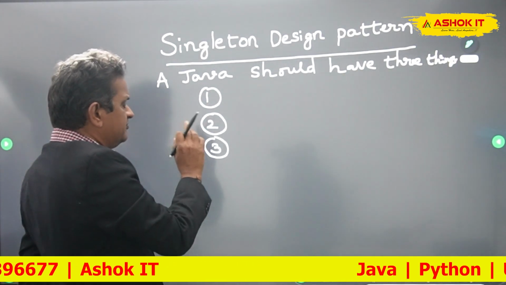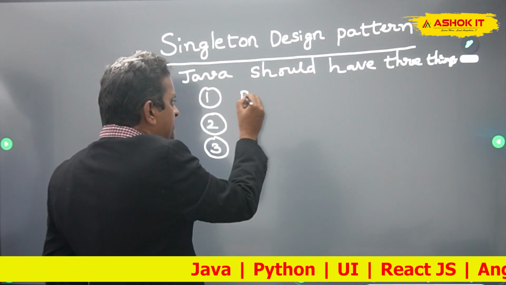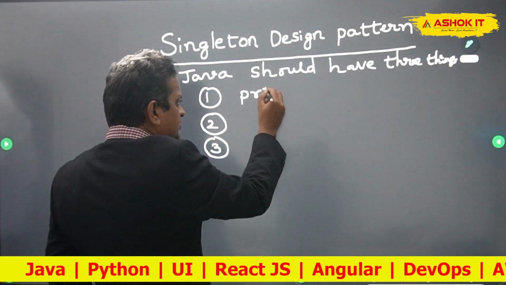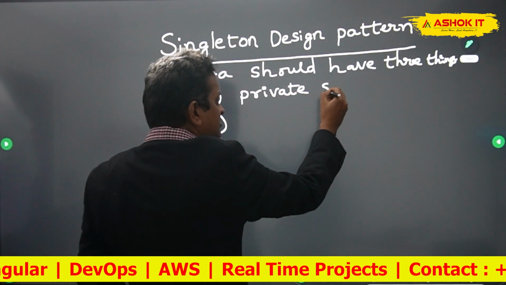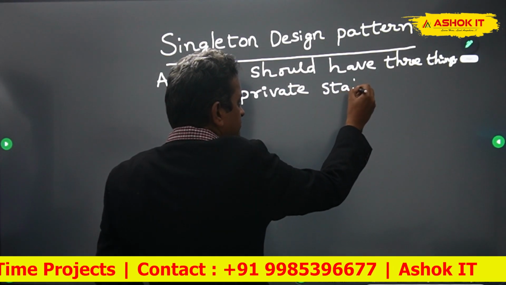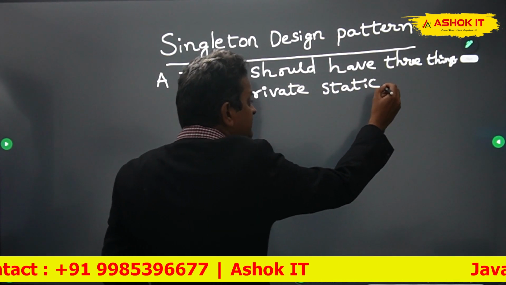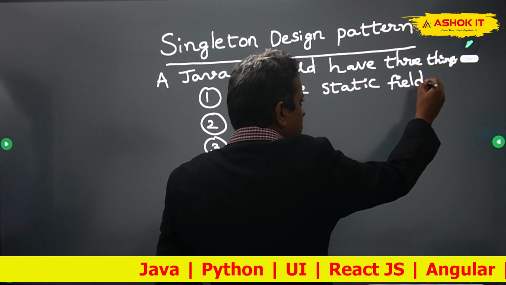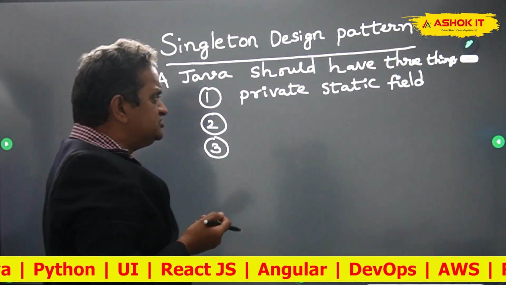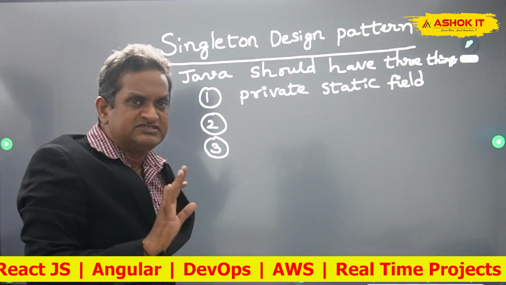Number one, a private static field. We have to write a private static field. You can use an object in Java only through a reference of the object.